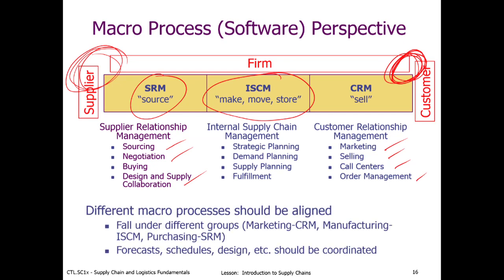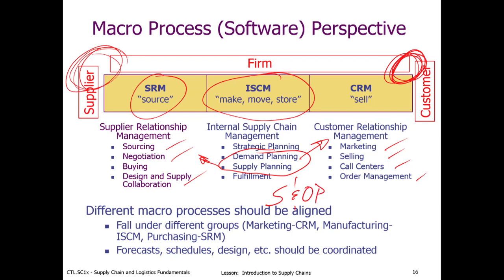Now when you look at this, you think you can't really keep them this separated. You can't keep them this siloed because they all interdepend with each other. Demand planning is critical, of course, to the customer. You need to have a good handle on the customer to understand your demand planning. Same thing with supply planning. In fact, these 2 processes together, demand and supply planning, come together in a process we'll talk about in a couple lectures called Sales and Operations Planning, or S&OP process.